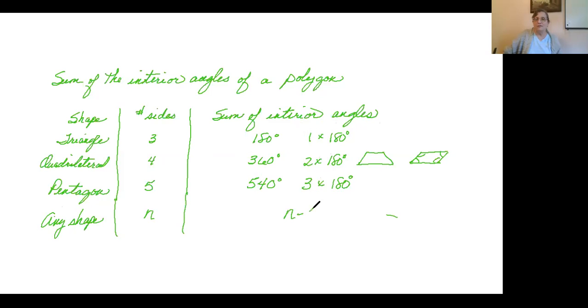If you subtract 2 from the number of sides and you multiply that times 180, that will give you the sum of all of the interior angles of any convex polygon.